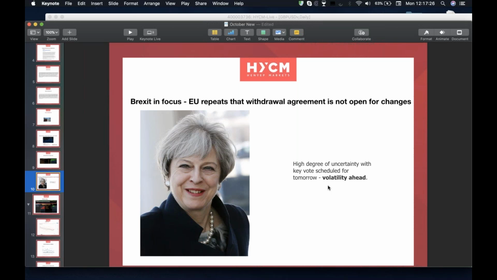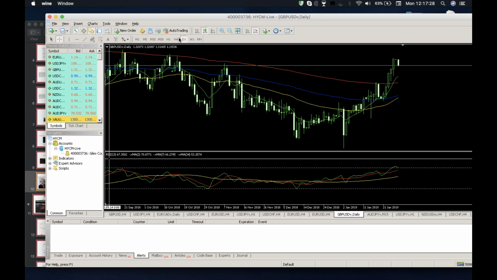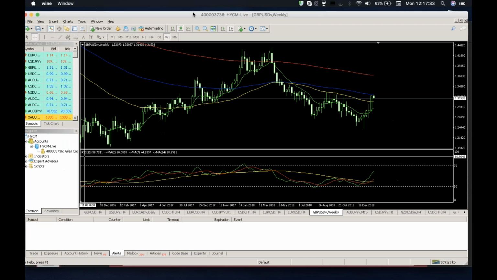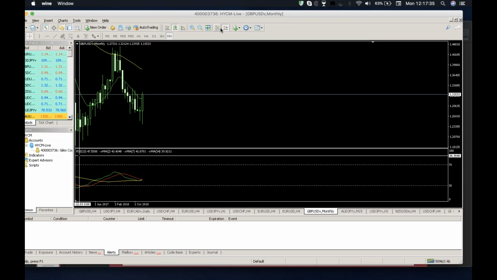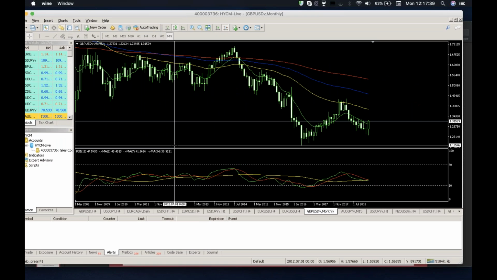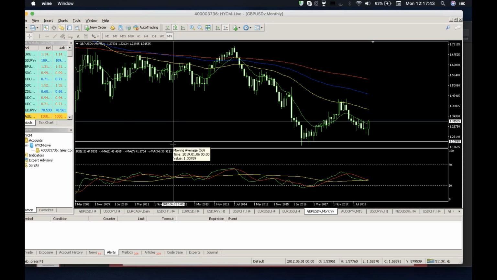And remember, if a no deal scenario becomes likely, then the likely path of the pound would be down through these 1.18 levels. We could be looking at 1.2 and 1.15.